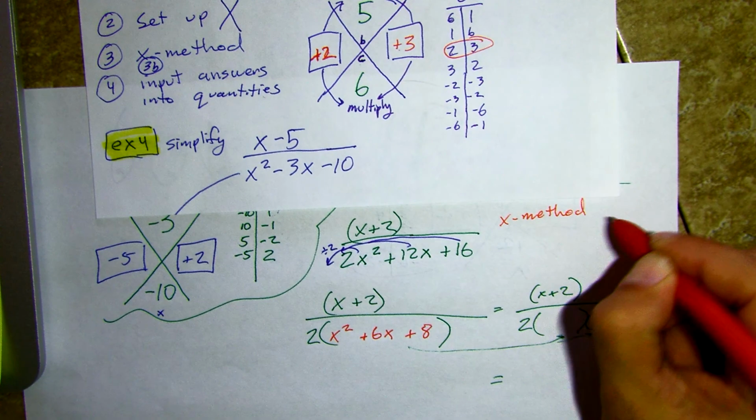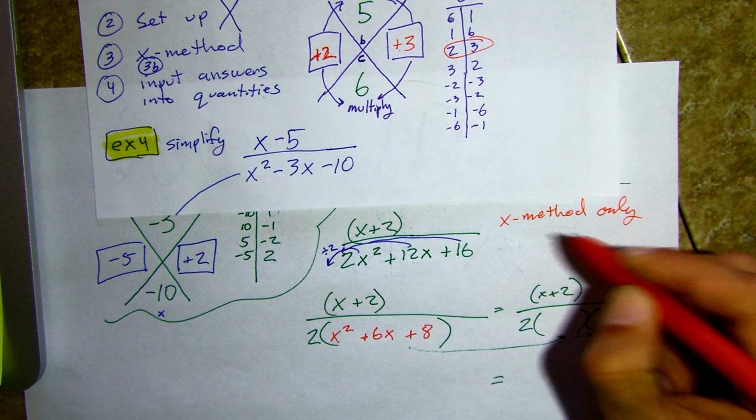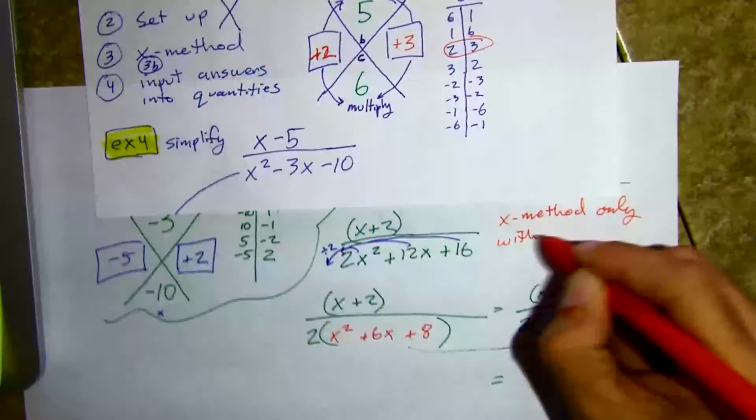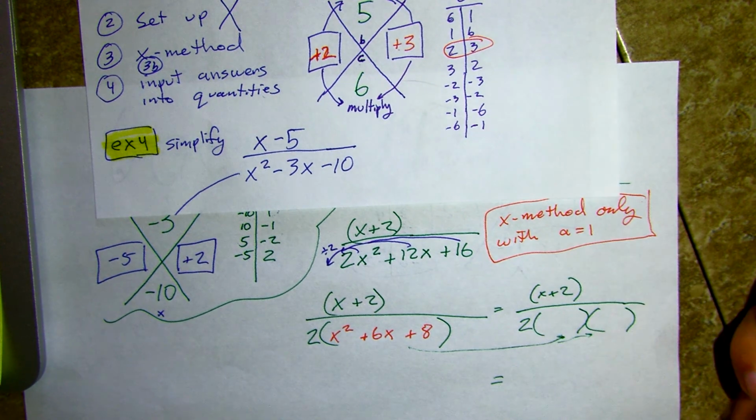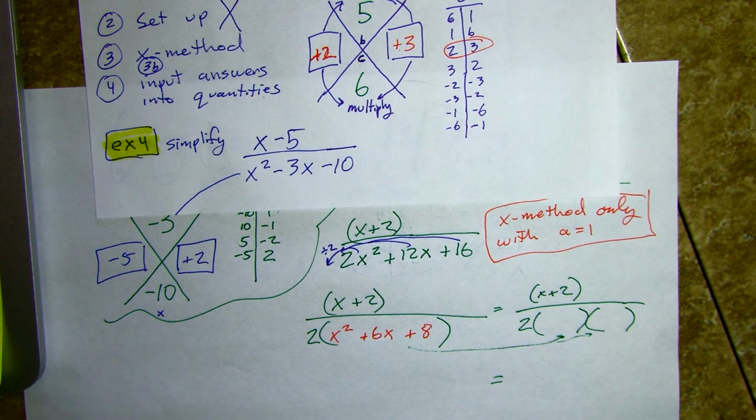4 and 2. Yeah, you got it. And then throw that in those expressions. A is 1. B is 6. C is 8. Let's put our 8 here. Let's put our 6 there.